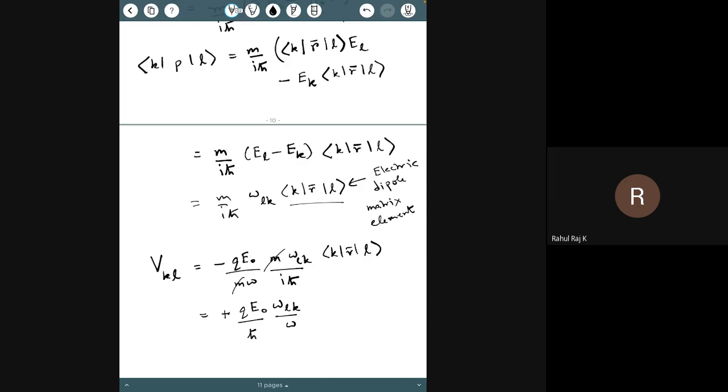Oh, sorry, what did I do wrong? Oh, okay. So the energy difference is h cross omega, right? So I can remove the h.